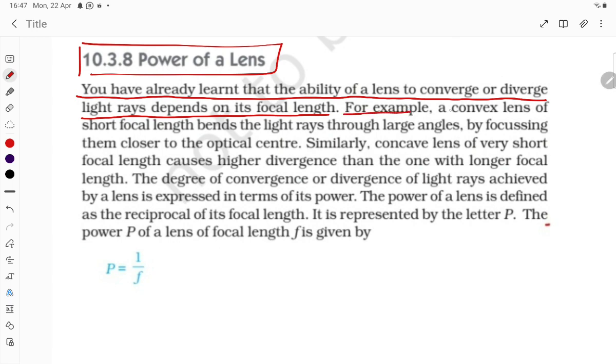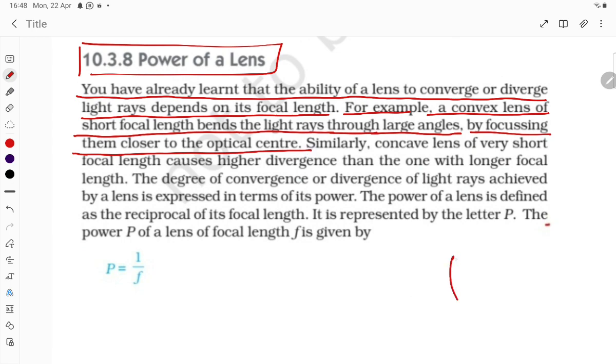For example, a convex lens of short focal length bends the light rays through a large angle by focusing them closer to the optical center. If you see, this is the convex lens, and here a parallel beam of light is coming from infinity.